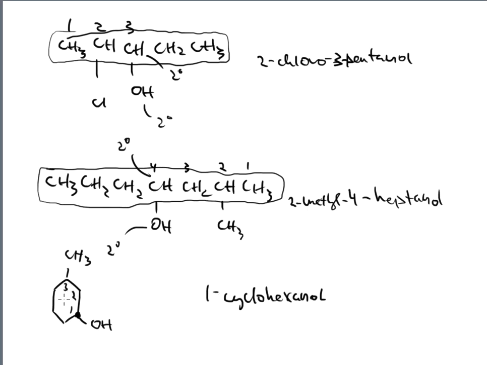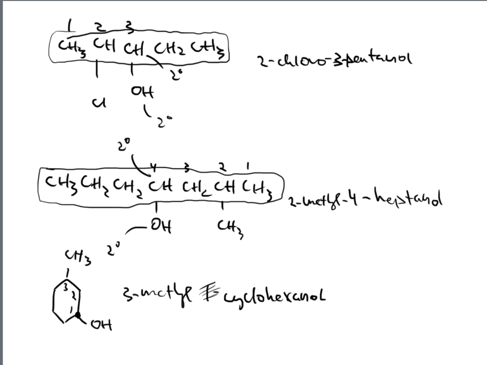And that means that I need to go counterclockwise and give that methyl group position 3. So 3-methyl, 1-cyclohexanol. Or if you wanted to, you could leave that 1 off. That's a personal preference thing on your side. 3-methylcyclohexanol would, again, be an acceptable answer for that particular alcohol.